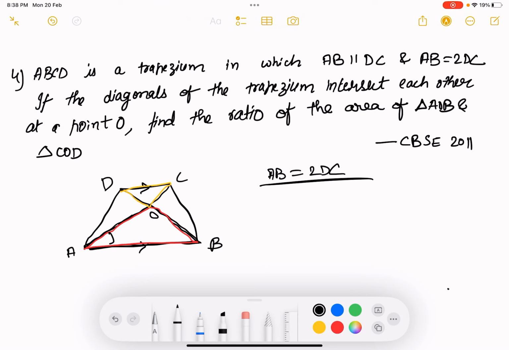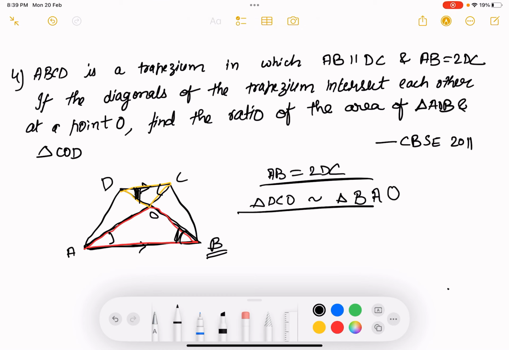So obviously angle A will be equal to angle C. First thing, angle B will be equal to angle D. So by AAA similarity, triangle DCO is similar to triangle, here D was equal to B, so we will write B. C was equal to A, so we have to write A. Triangle DCO is similar to triangle BAO.